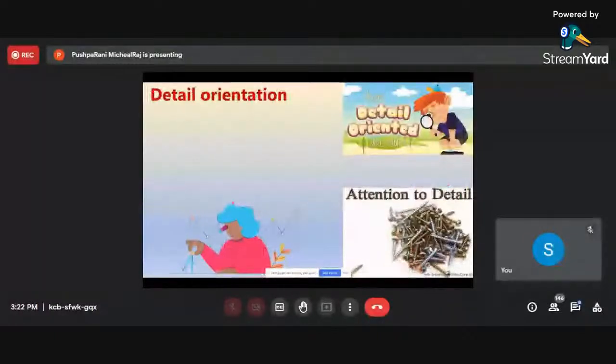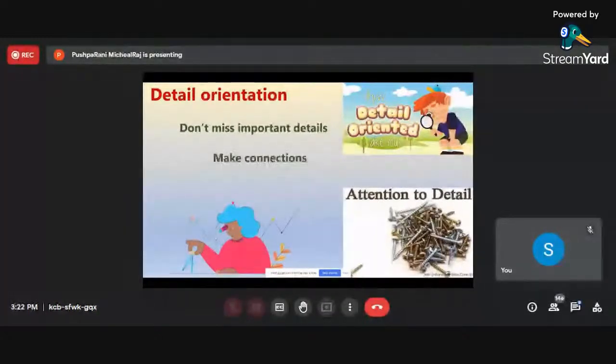The next is detail orientation. Detail orientation is also very important. As I told earlier, you have to note down each single result of your research. Being a detail oriented person is vital during the research process, because detail orientation is important not only in research, but in any position, any employment, any work. Pay attention.